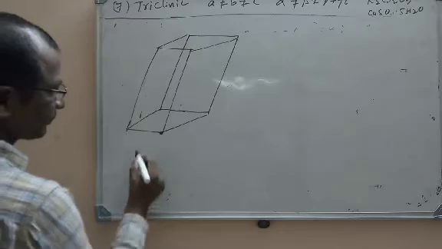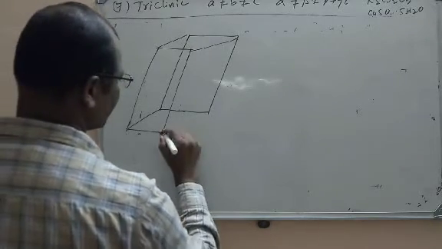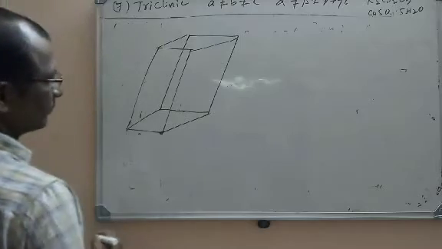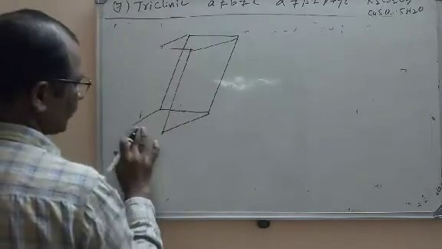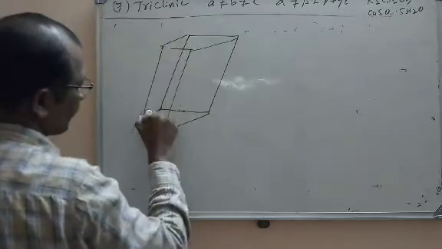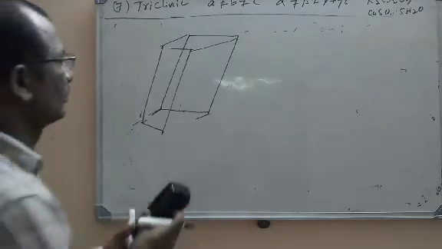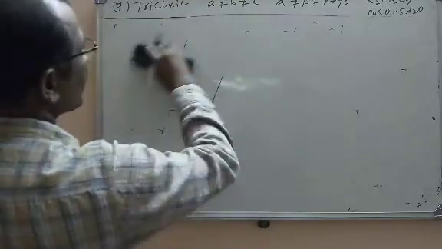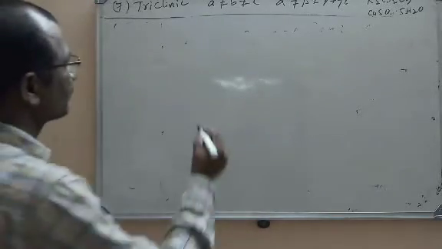So look here, this is a. Triclinic system: a is not equal to b is not equal to c.